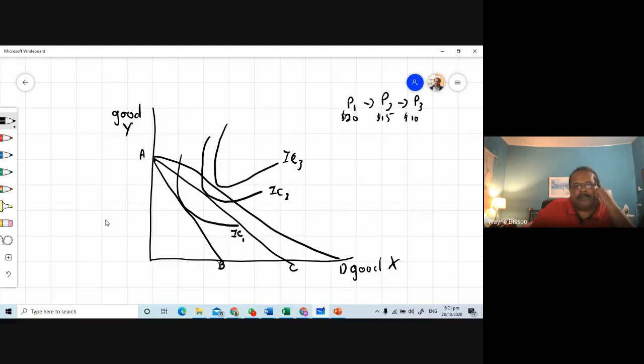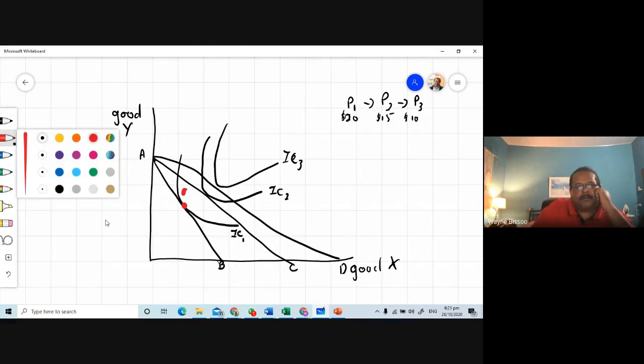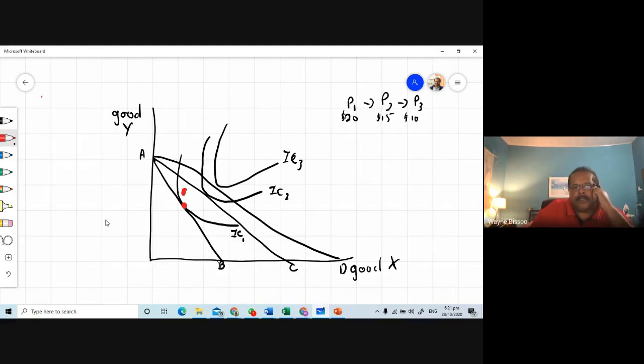Which means we are going to move from this point here, which is E1, to this point here, E2, to this point here.